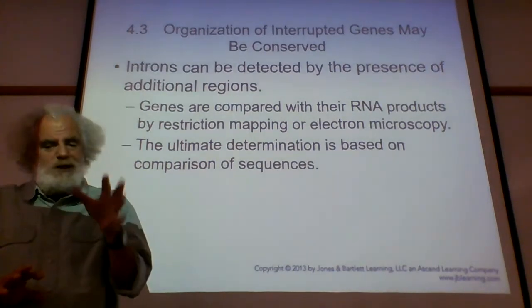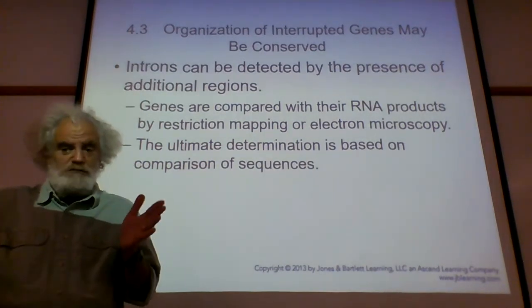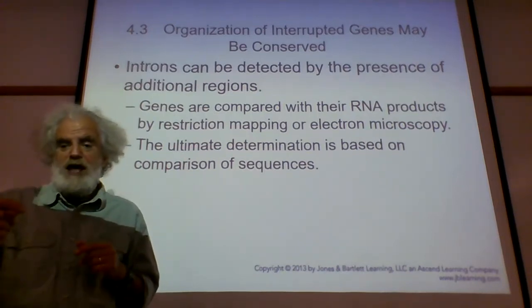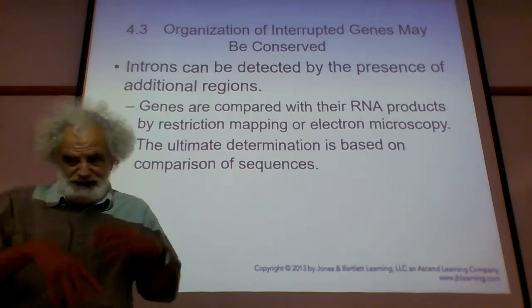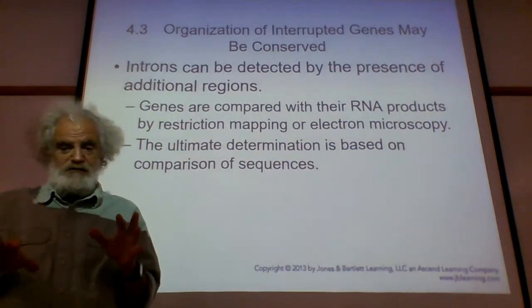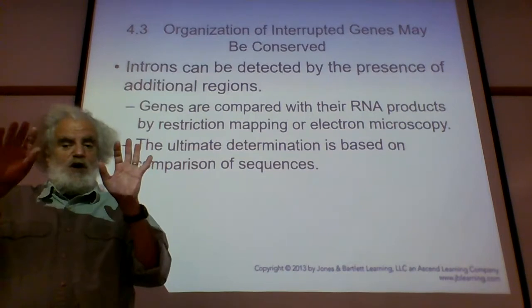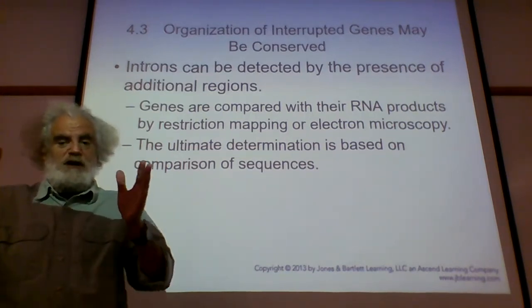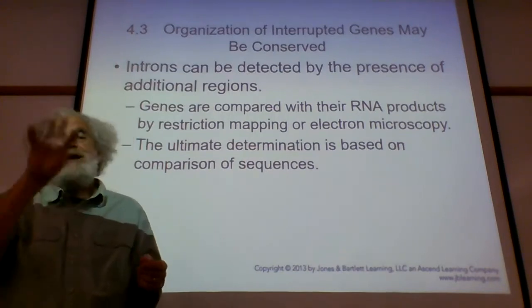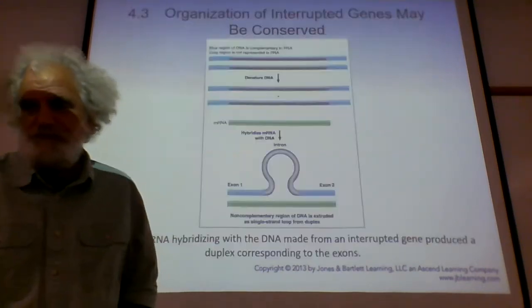And really the way you have to determine what is an exon and what's an intron is by comparing the RNA with the genomic DNA. And as we're going to see as we start looking at more complicated eukaryotes, the RNA that a gene produces can be multiple RNAs, multiple species, because of differential splicing.